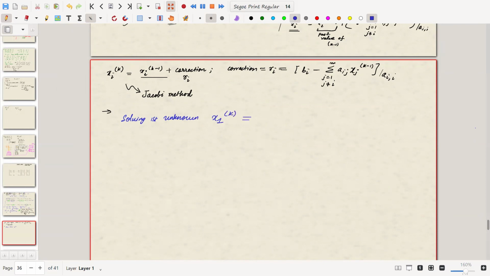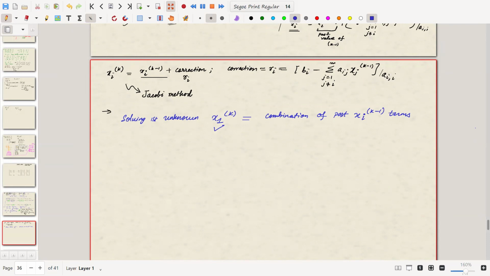Then you are getting it as some combination of the past xi of k minus 1 terms. Everyone happy with this? Yes.